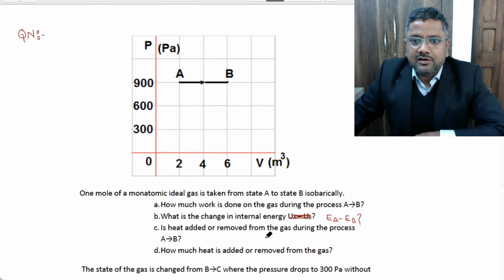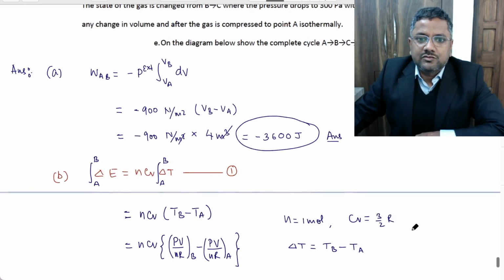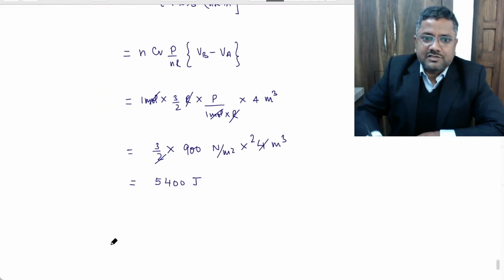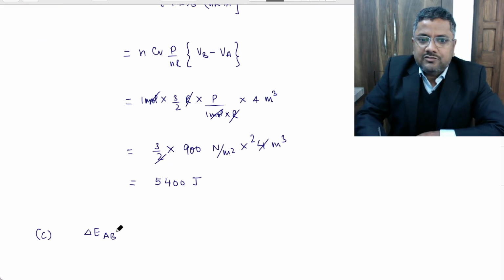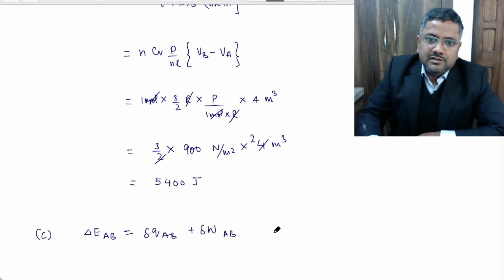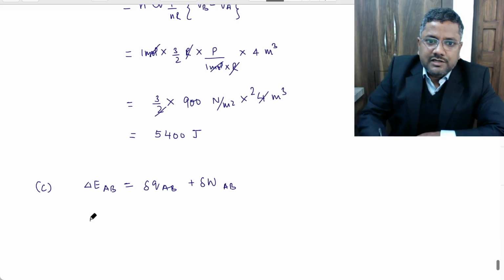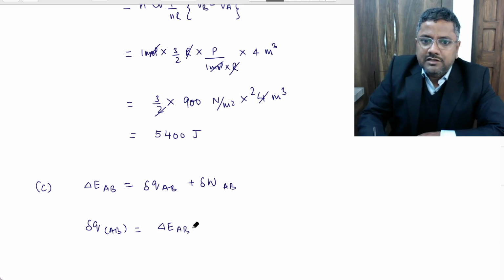Is the heat added or removed from the gas during this process A to B? Now we can use the thermodynamics first law in this part. So delta E AB is equal to delta Q AB plus delta W AB. So delta Q AB is equal to delta E AB minus delta W AB.